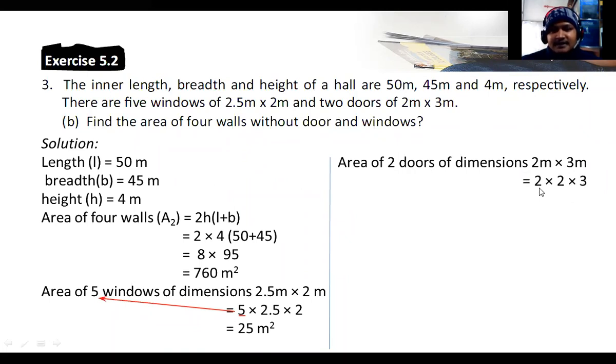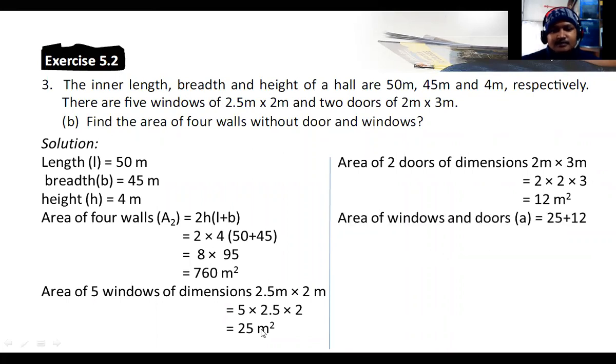This 2 is taken here because this is the area of 2 doors. Area of 1 door is 2 into 3 only. Area of 2 doors is 2 into 2 into 3. So its value is 12 meter square.